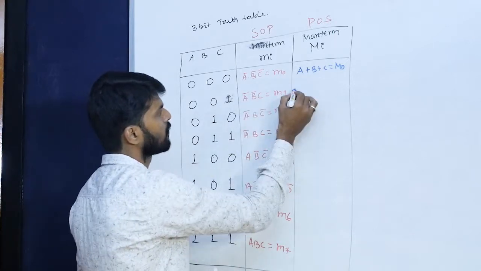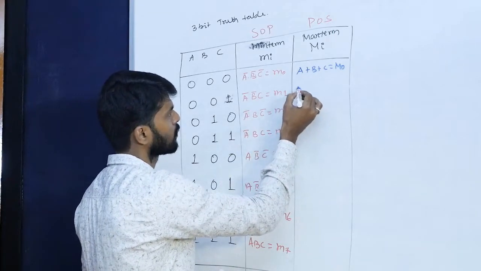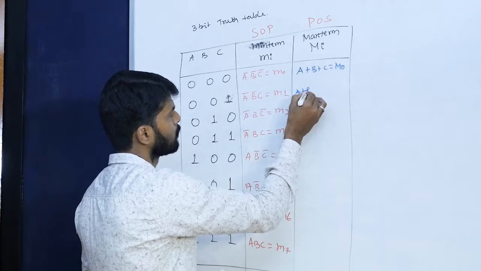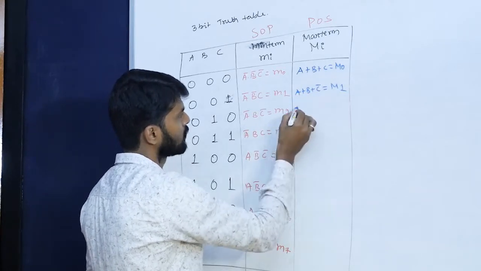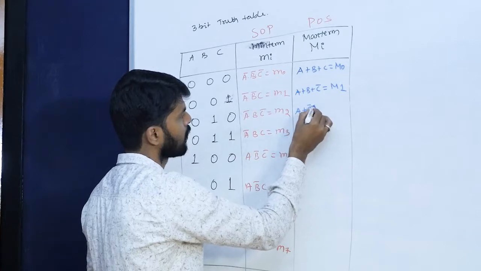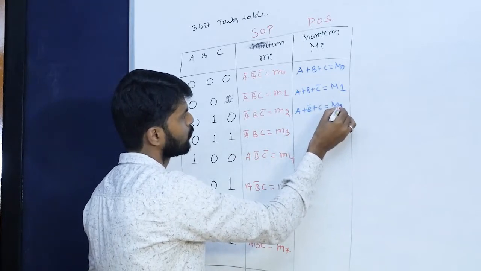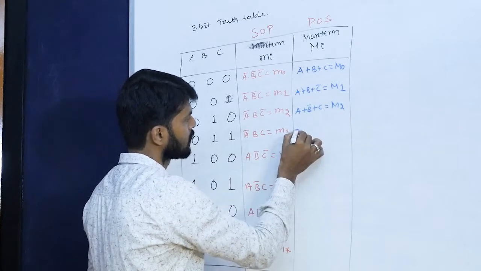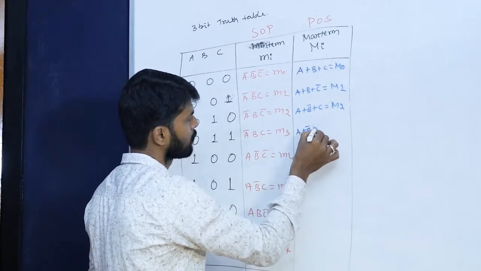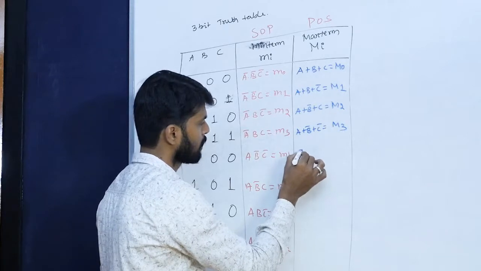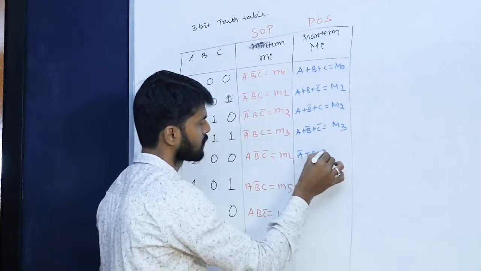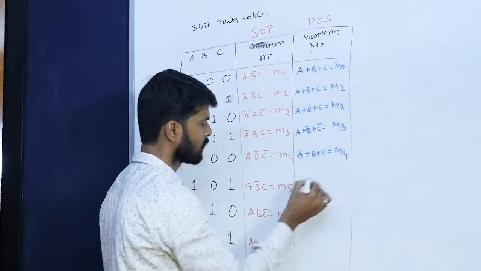Similarly, in the case of the maxterm, A plus B plus C bar is M1. Then A plus B bar plus C is M2. And A plus B bar plus C bar is M3. A bar plus B plus C is M4.